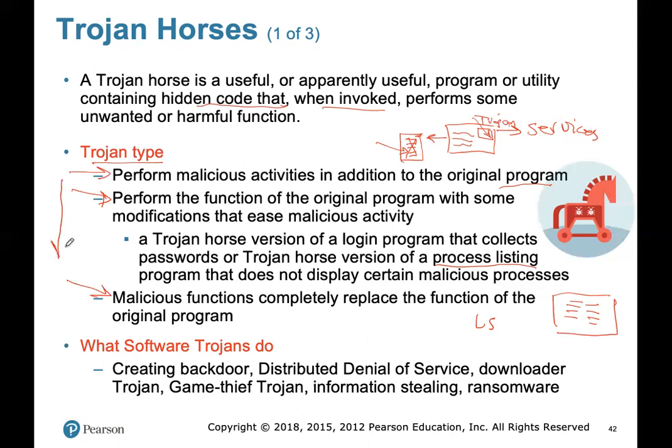As we go down, we get an easier time in terms of coding, and we get easier in terms of being detected. So easier coding is better for the Trojan developer, and easier detection is good for the victim system, or from the defense point of view.